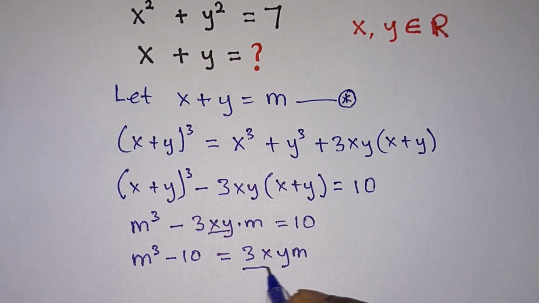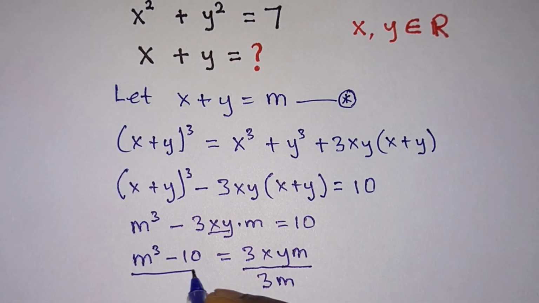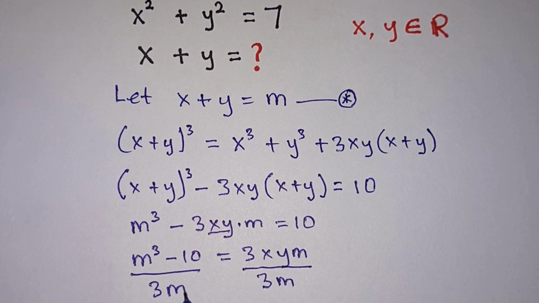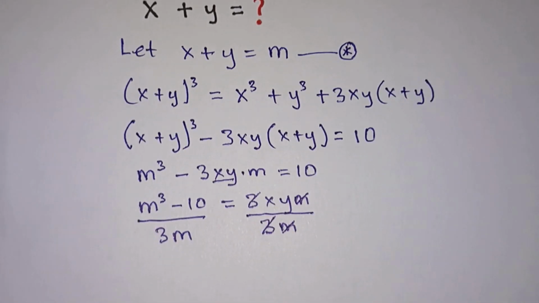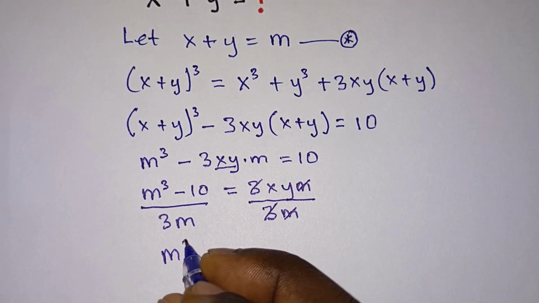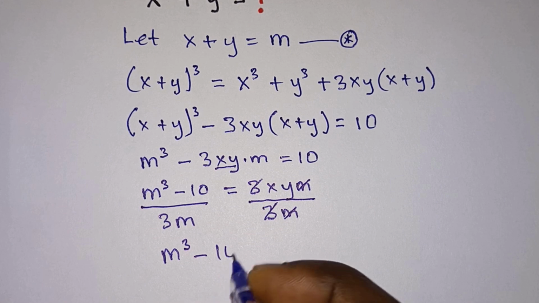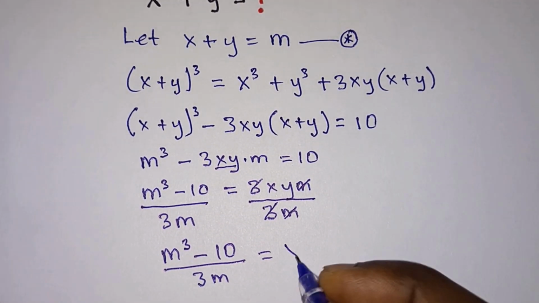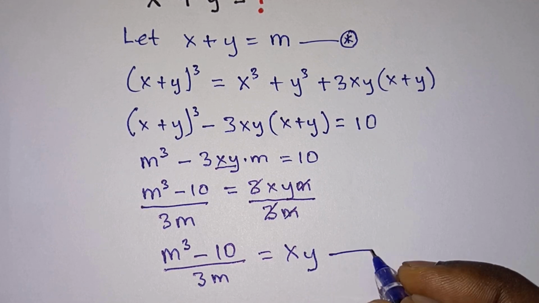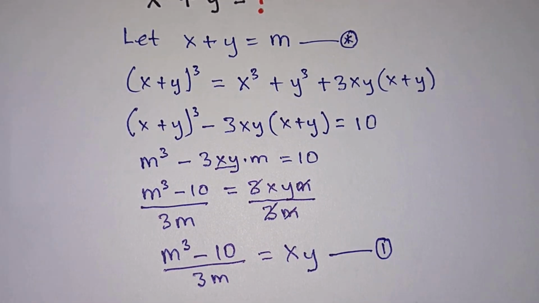Then we will divide each side of the equation by 3m, so that this and this will go, this and this will go. We are left with (m to the third power minus 10) divided by 3m is equal to xy, and we will call this equation 1.